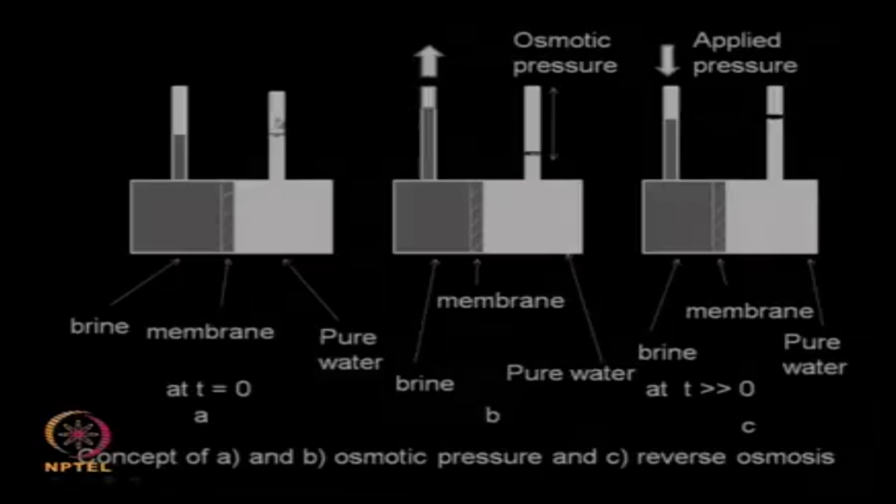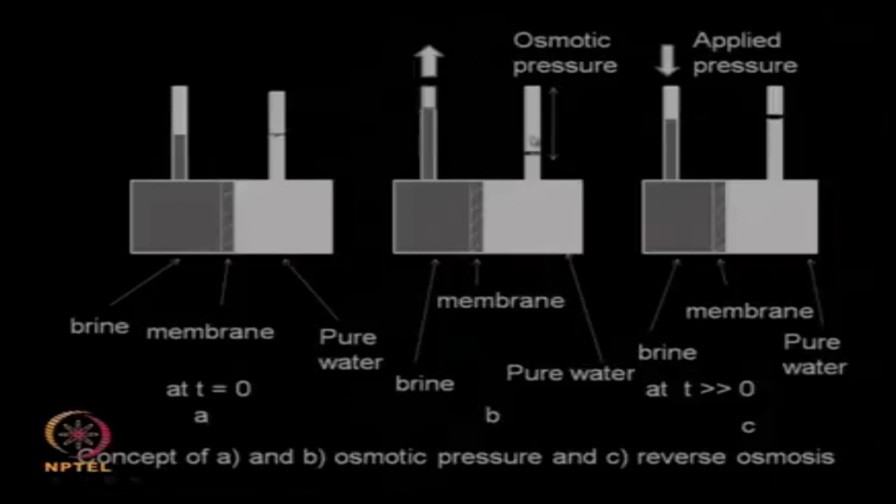Water will have a certain vapor pressure, brine will have lower vapor pressure, because you have salt dissolved in water. So as you dissolve salt, there is a decrease in the vapor pressure, so the brine vapor pressure will go down, pure water vapor pressure will be high. So what will happen? There is an osmotic pressure.